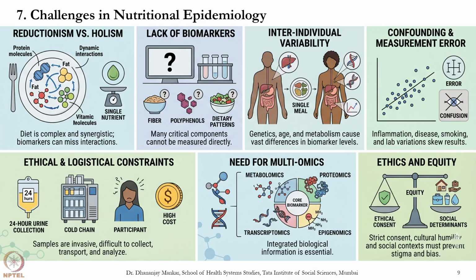To balance the equity part, strict ethical consent, cultural humility, and social context must prevent stigma and bias. It can be stated that ethics and equity stand along with all other challenges in nutritional epidemiology.